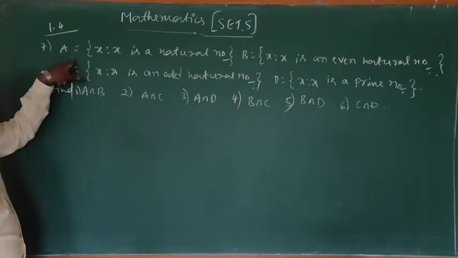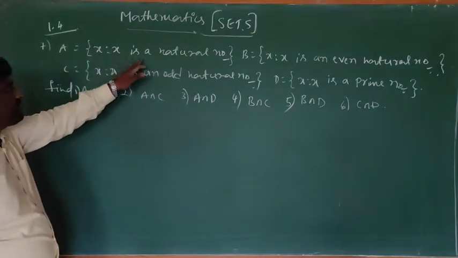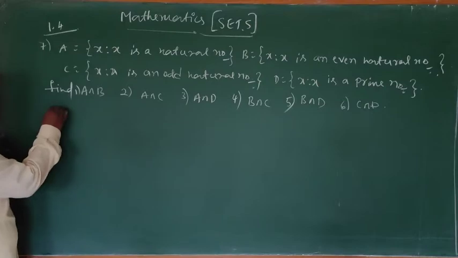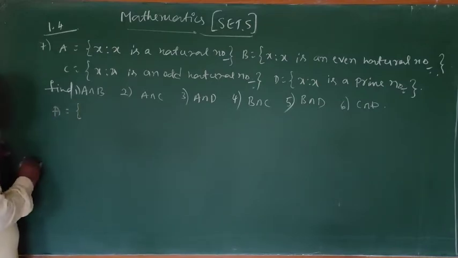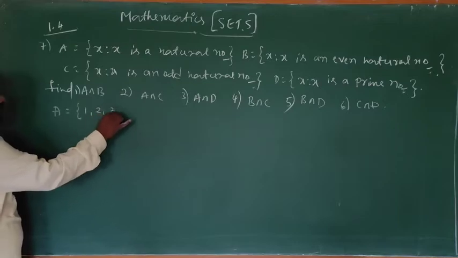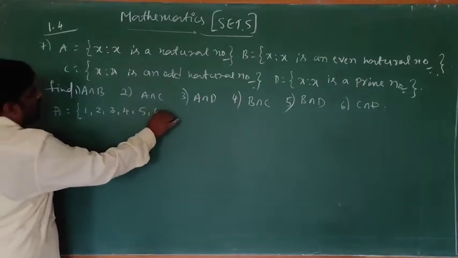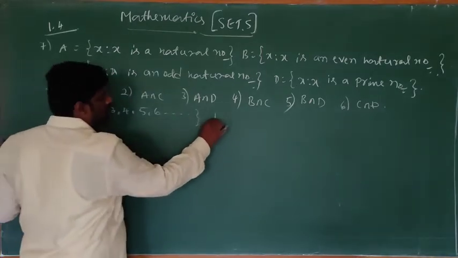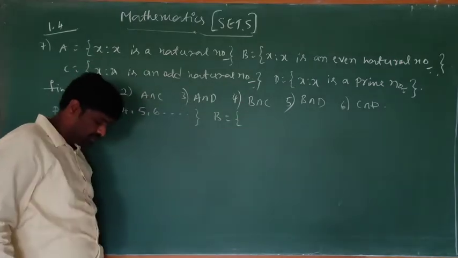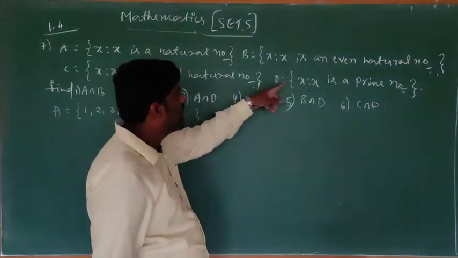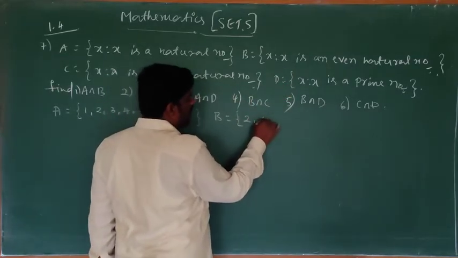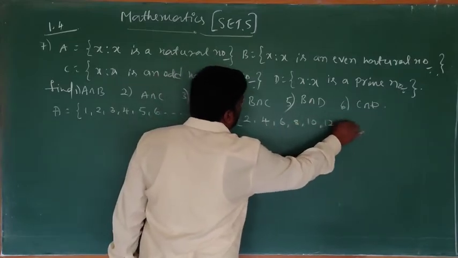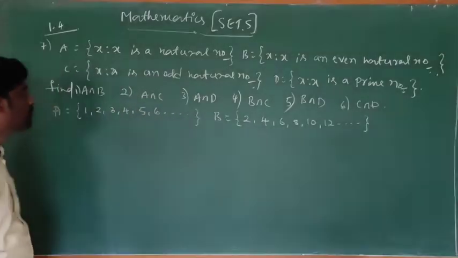Dear children, A is equal to {x : x is a natural number}. Here they are given in set builder form. We should write them in roster form. A is equal to 1, 2, 3, 4, 5, 6, and so on. B is equal to {x : x is an even natural number}: 2, 4, 6, 8, 10, 12, and so on.